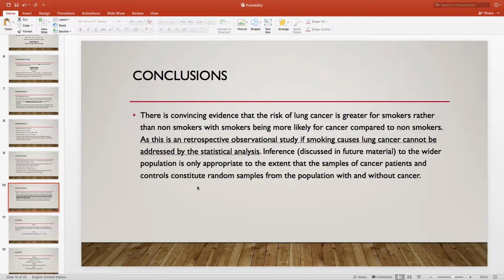So our conclusion is that there's convincing evidence of lung cancer being greater for smokers compared to non-smokers. But as this is a retrospective observational study, we cannot address whether smoking causes lung cancer. It's just that the evidence is so overwhelming.